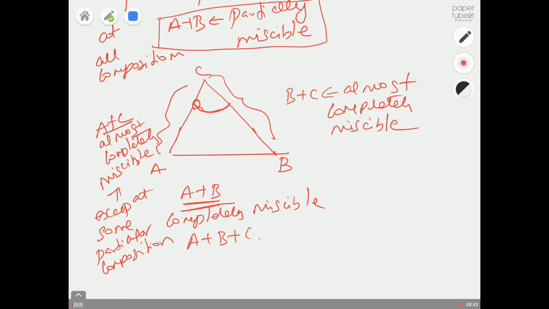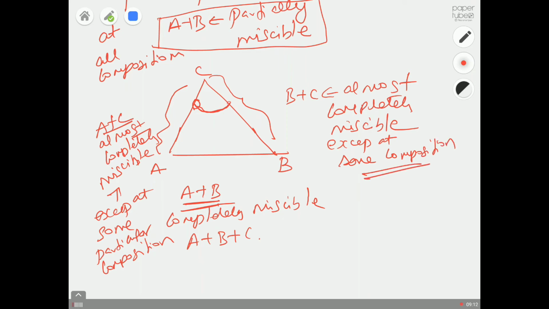That's why I'm trying to plot this ternary diagram, but you should know how to interpret it. If I give you a ternary diagram, you should tell me A plus B are completely miscible at all compositions, B plus C are almost completely miscible except at some compositions.